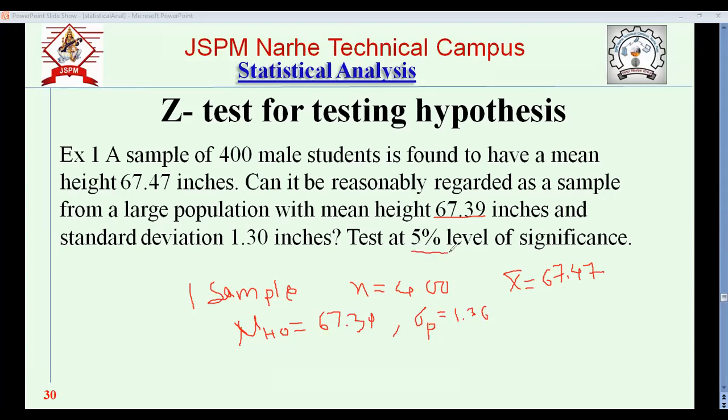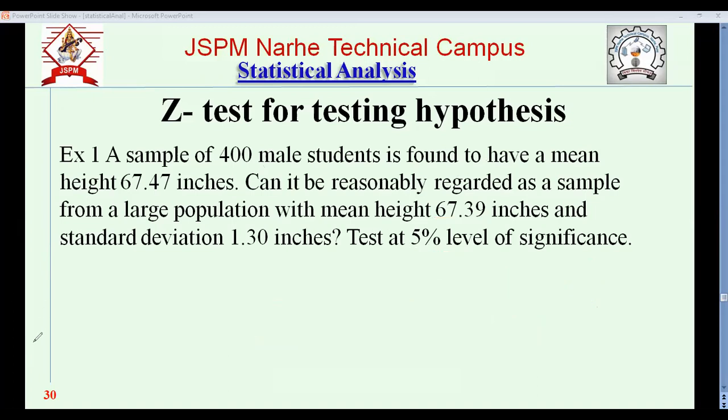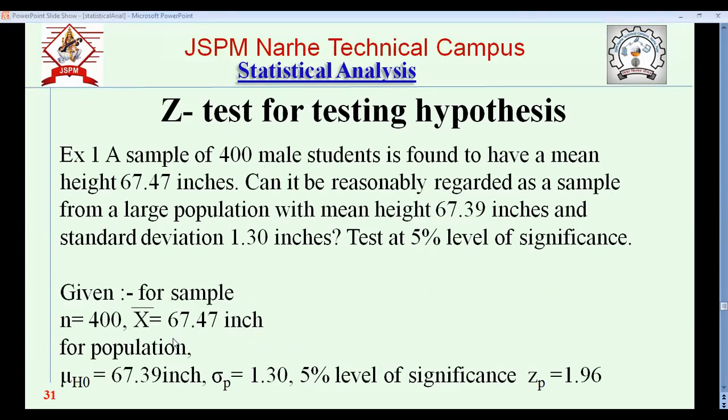And 5% level means what? Z of population is plus minus 1.96. If you put in the values, you can calculate Z for the sample. First, identify what is given.